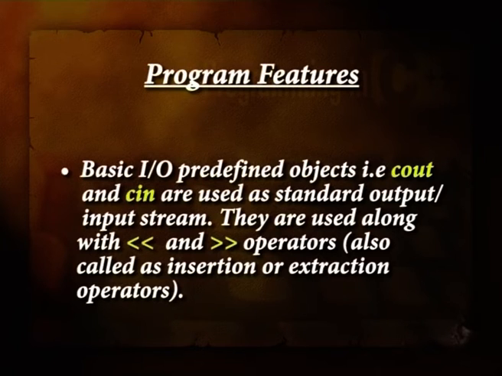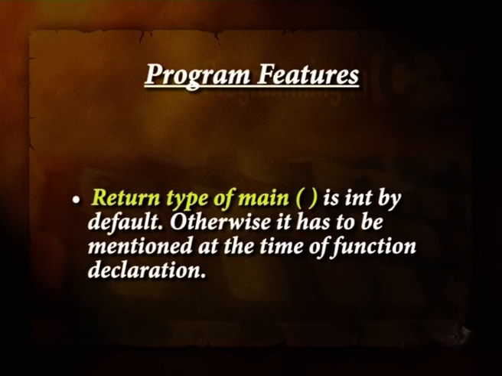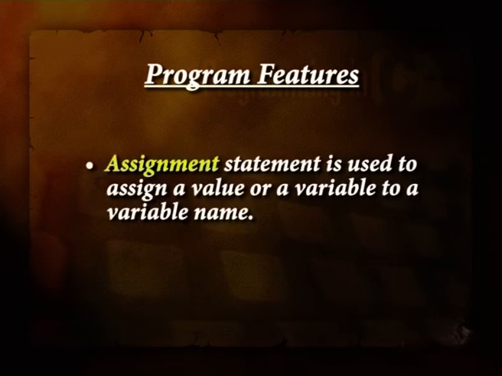They are used along with double less than and double greater than operators, also called insertion or extraction operators. Return type of main is int by default, otherwise it has to be mentioned at the time of function declaration.